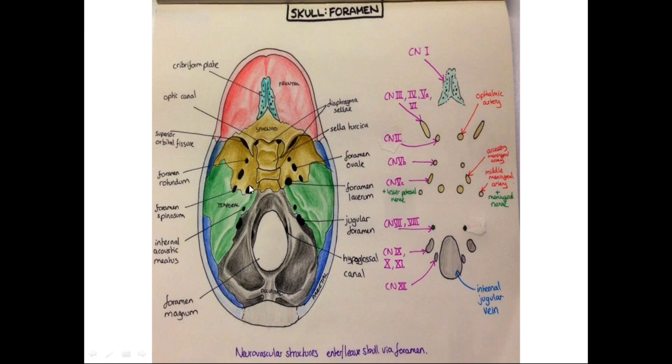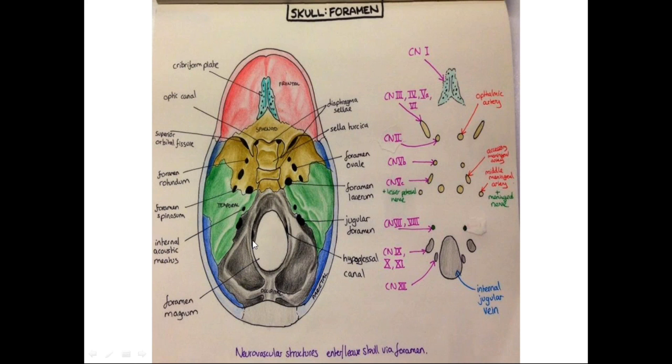Foramen lacerum transmits the carotid canal. Then you have the internal acoustic meatus, which transmits the 7th and 8th nerve.